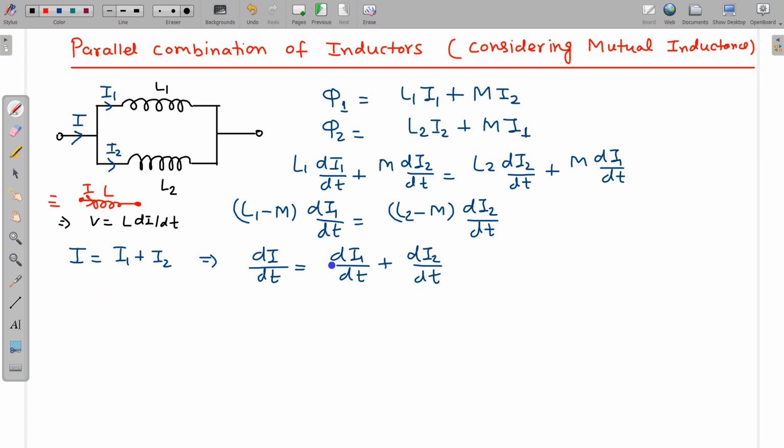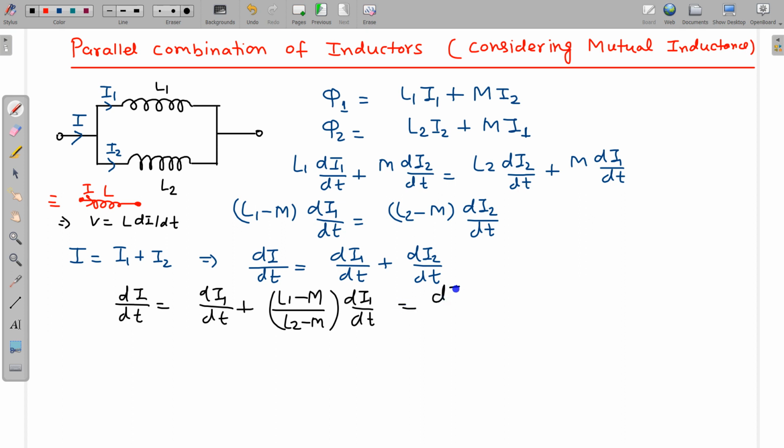I can write di by dt as di1 by dt plus di2 by dt, and for di2 by dt you can write it from the earlier relation. It will be (L1 minus M) divided by (L2 minus M) into di1 by dt, and you can take di1 by dt as common. So di by dt is di1 by dt into 1 plus (L1 minus M) divided by (L2 minus M).